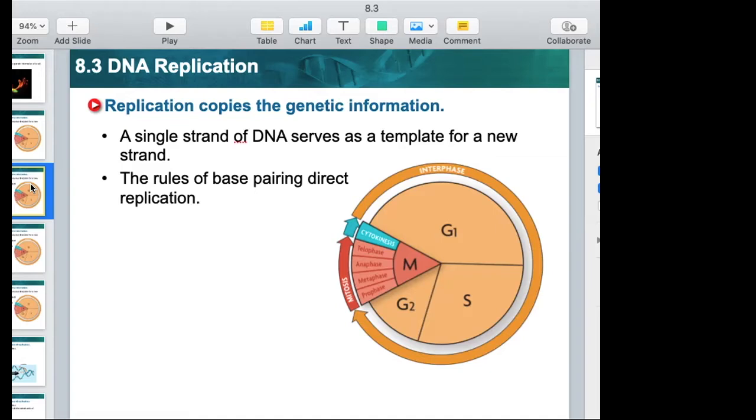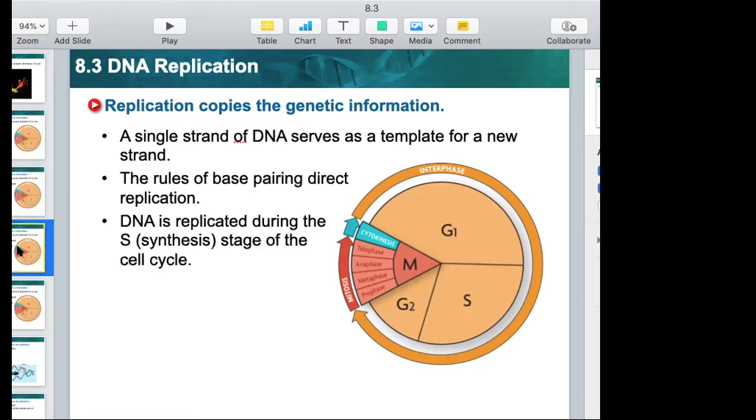That's what they mean by the base pairing rules apply. Whatever you see on one strand, the complementary component to it is then pulled in to build the new DNA strand. DNA is replicated during the S stage, synthesis.